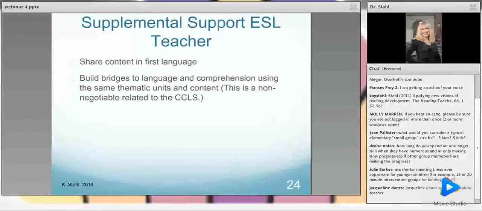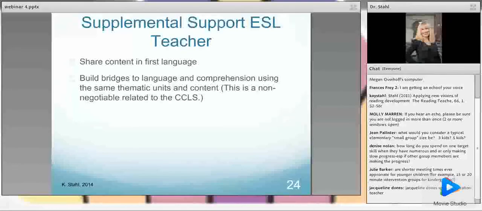Now, support from the English second language teacher. I recommend that classroom teachers share with their students' ESL teacher what are those interdisciplinary units that you're teaching as part of your themed instruction for your shared reading, your read aloud, or if you're using Core Knowledge.